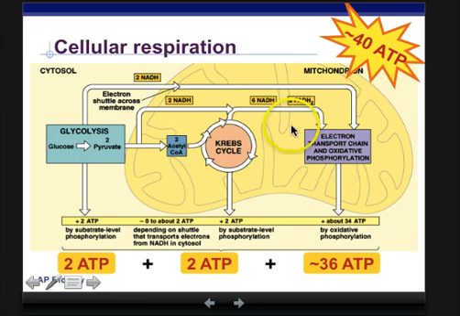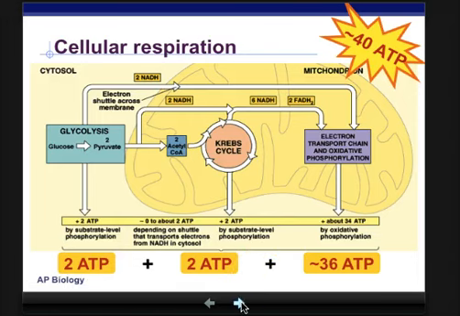Somewhere I saw how many ATP you get for each NADH. I think for each NADH you get approximately 3 ATP, and for each FADH2 you get 2. So that's about where it comes from. So we're creating that giant proton gradient, and then it produces lots of ATP because it powers the ATP synthase.